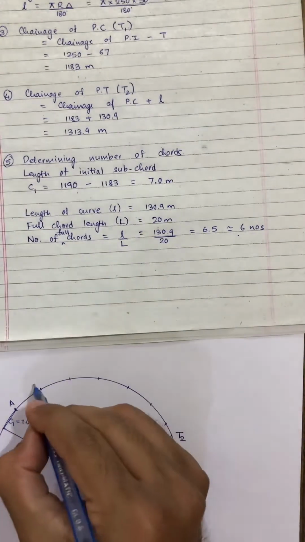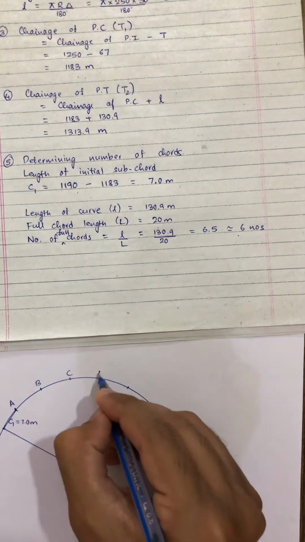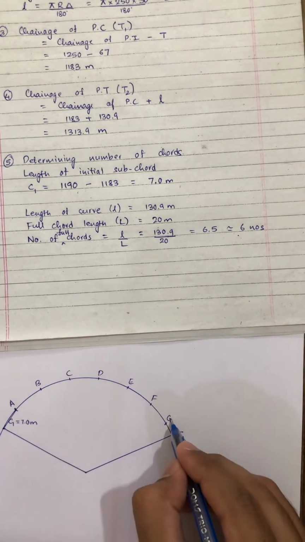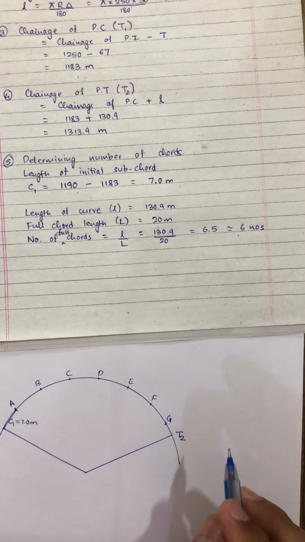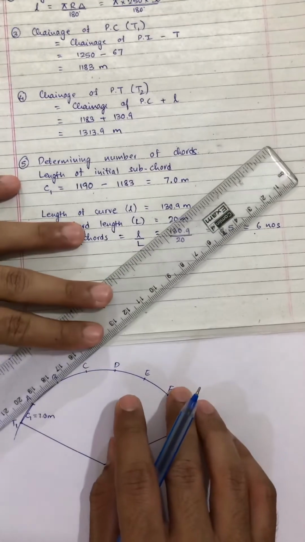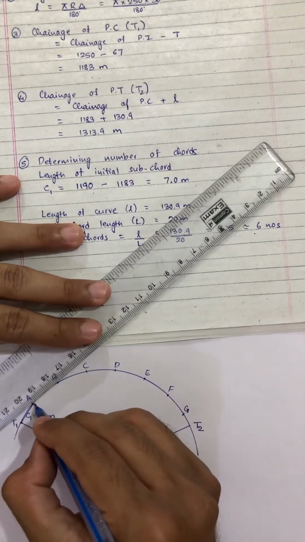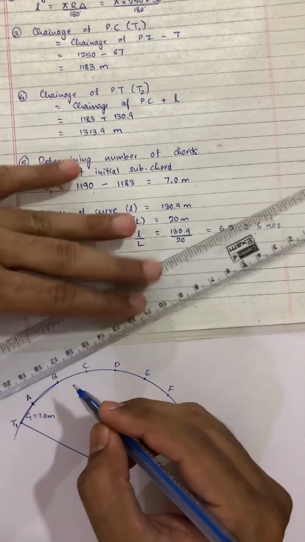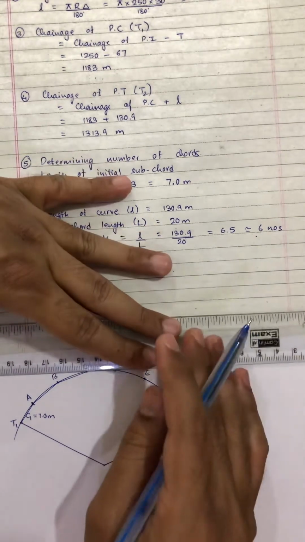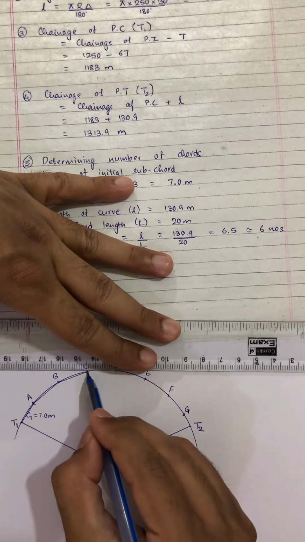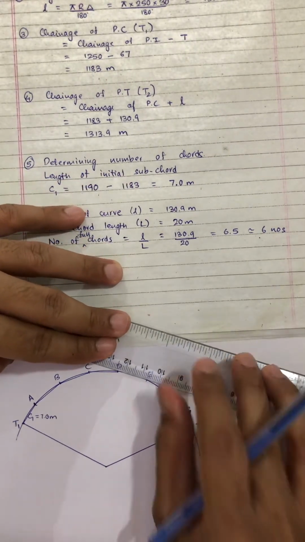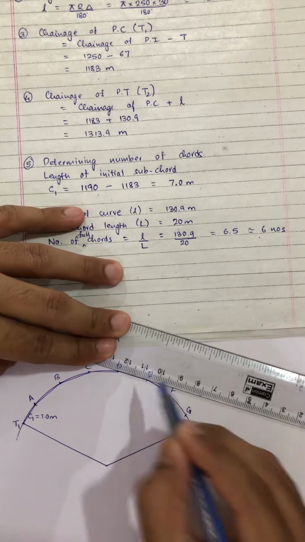Let us call these points B, C, D, E, F and G. Now these are the full chords. We'll join all these points.